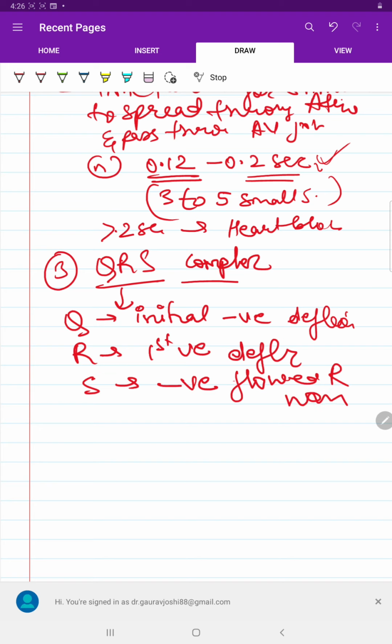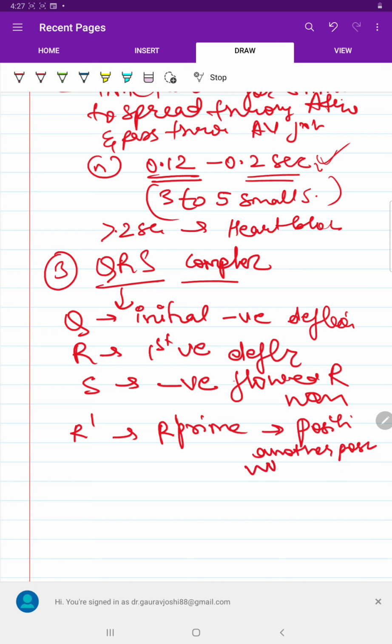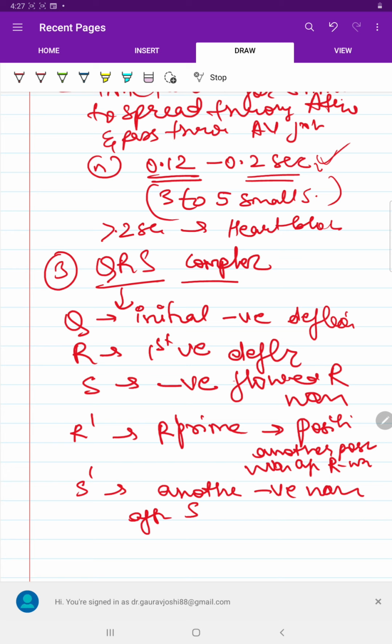Okay, if you find R dash, then we can say R prime. This is another positive wave after the R wave, or S dash, which is another negative wave after S. So the QRS complex is a little bit confusing, but we need to know what is Q, R and S, R dash or S prime.